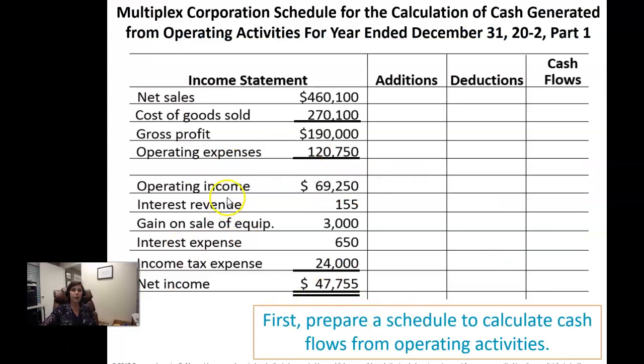We set up our statement just like we did in the simple example, and now we're going to make those calculations. So hopefully you remember that we're going to start looking at this from our sales figure.